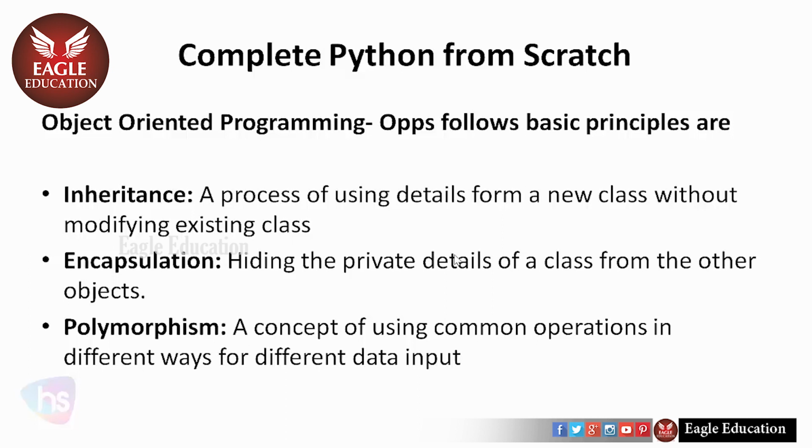We are using the same method in multiple ways. Likewise, we need to build a method and see how it can be used. That is the way it is in polymorphism.